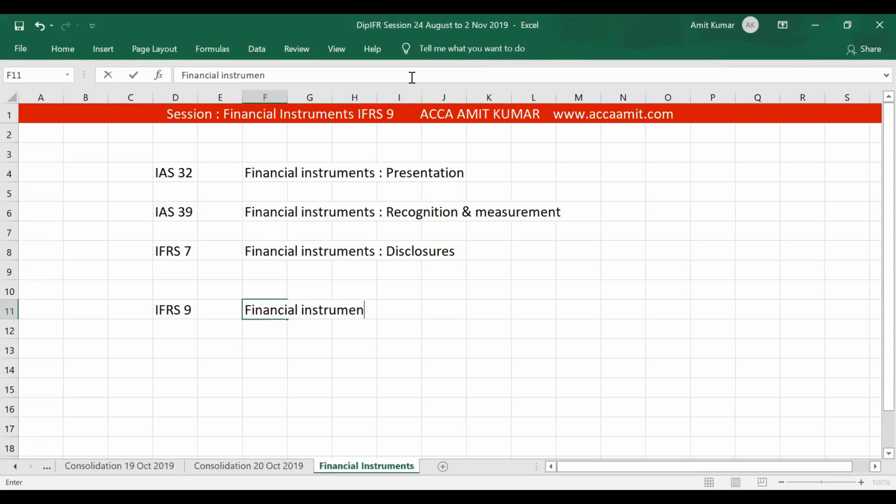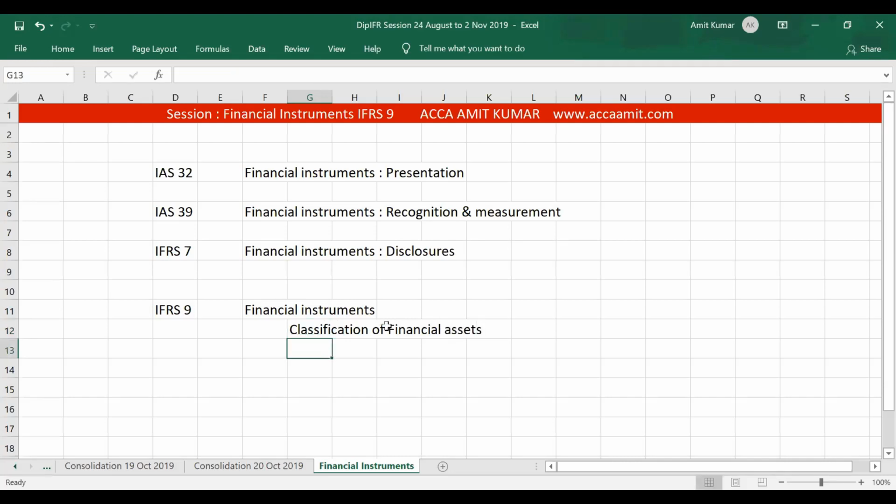There were a lot of complexities or misinterpretations in understanding financial instruments relating to hedge accounting and impairment. So IFRS 9 financial instruments has tried to sort out those complexities. One, classification of financial assets, it has sorted out.